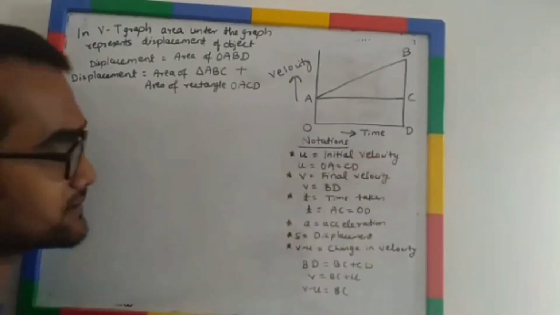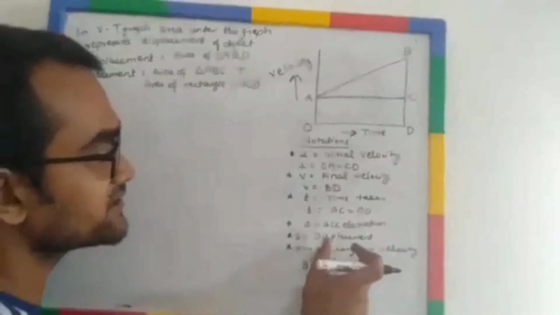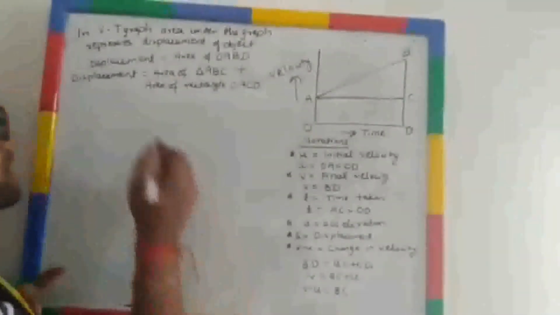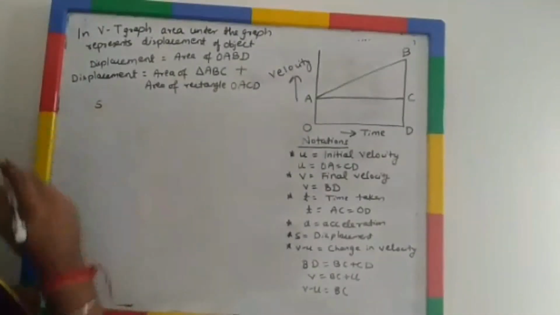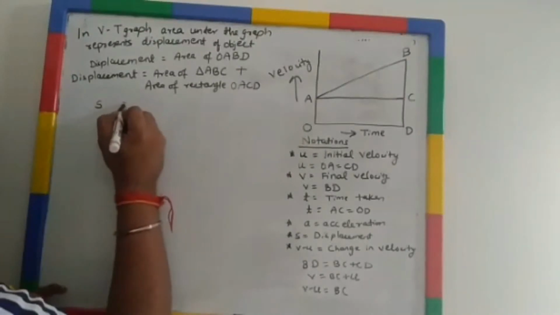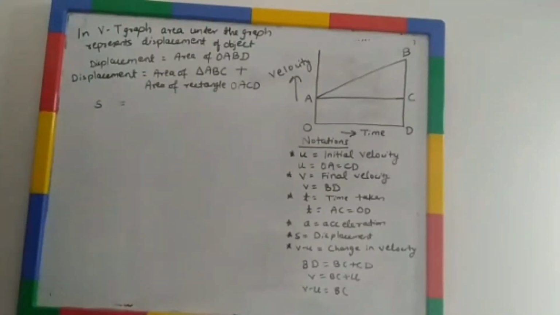From the notations, displacement is denoted by the symbol S. So below displacement, I will note down S is equal to area of triangle ABC.